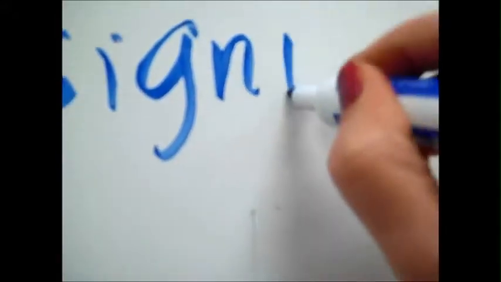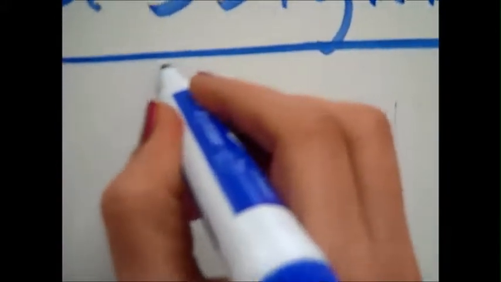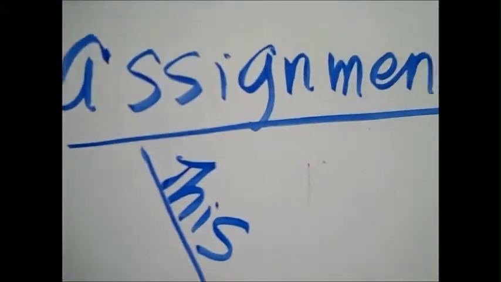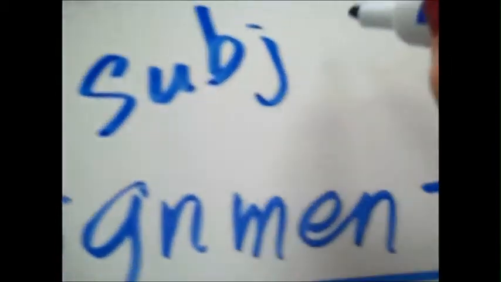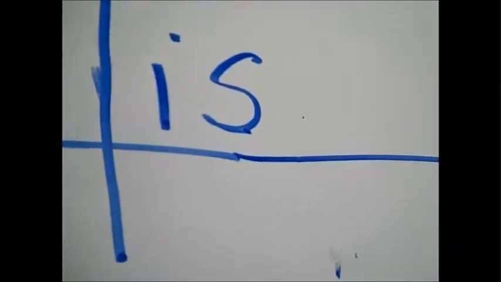Okay, number 5. This assignment is very hard. So we know that the subject of this sentence is assignment. And we know that this is an article that's acting as an adjective modifying assignment. Assignment is our subject. Our verb or predicate here is a state of being verb.